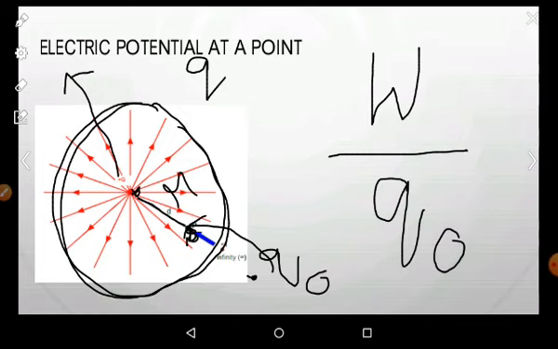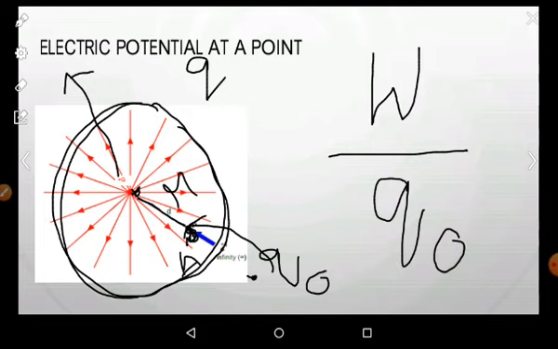So this is the point where Q naught is placed, and at that point electric potential equals the total work done on Q naught per unit positive charge. It means Q naught must be a positive charge. Q may be a positive charge or negative charge, but the Q naught which is placed from infinity to the point A, this is the point A, must be a positive charge.